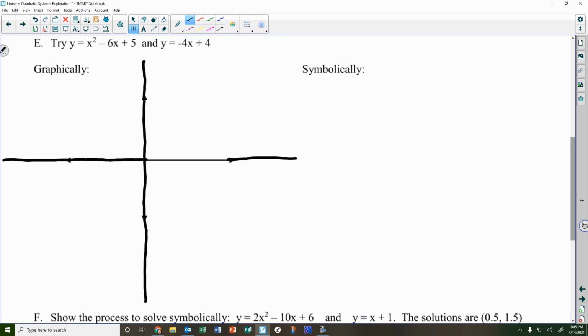Let's see if that helps us here a little bit. All right, well, if I look at just the linear one, I know the y-intercept is at 4, which is this point right here. So I'll just go up a few more.